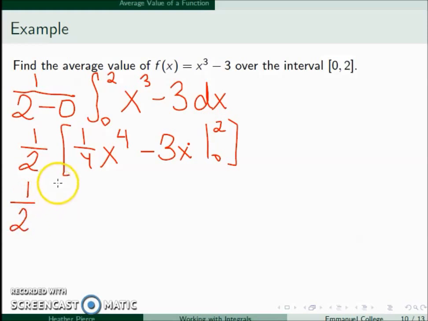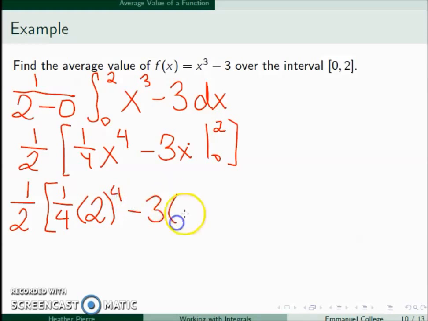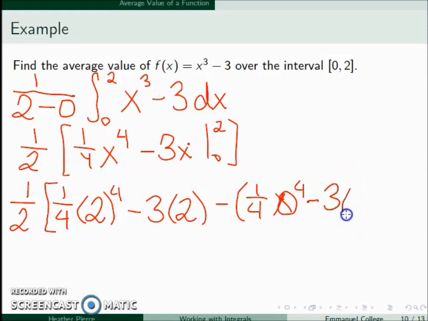So that means I have 1/2 times 1 over 4 times 2 to the 4th minus 3 times 2, minus 1 over 4 times 0 to the 4th, minus 3 times 0.